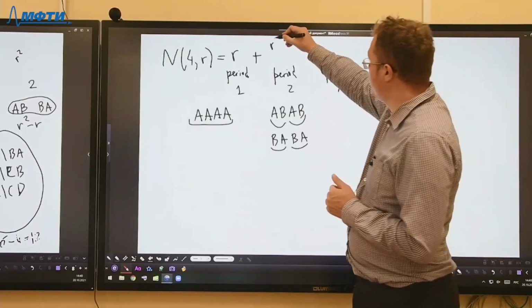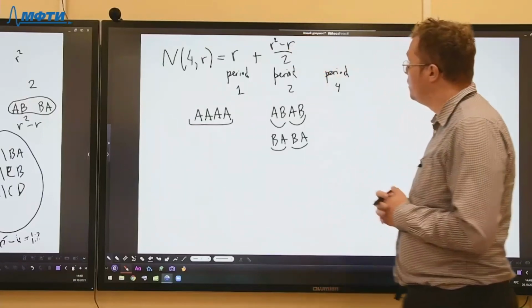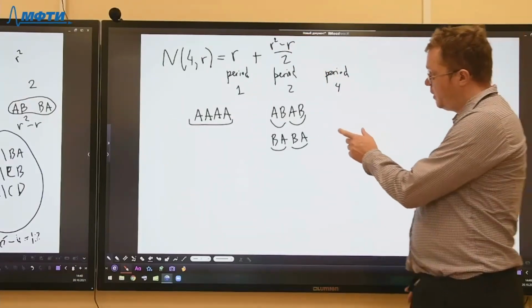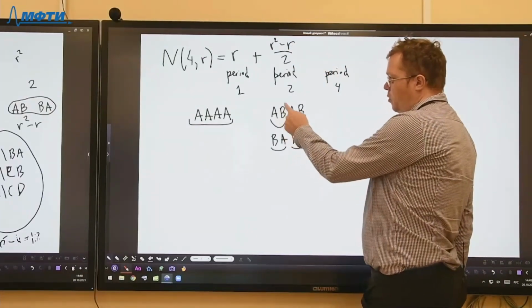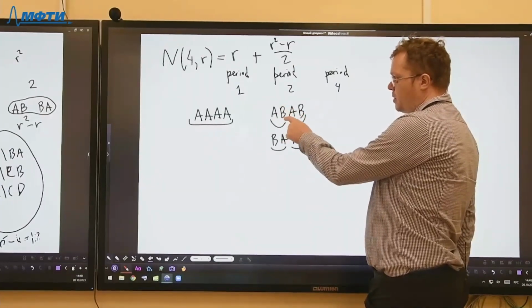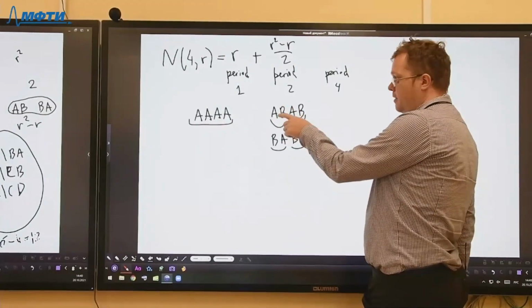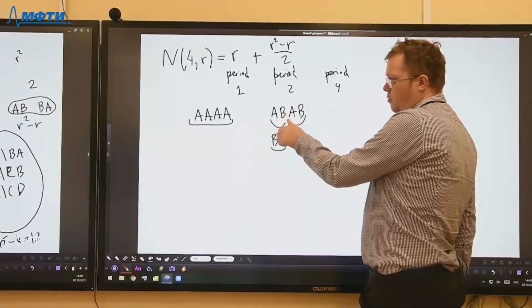So it will be the same, (R squared minus R) over 2, because we just need to know the first two elements of the sequence, because the others will be the same. And these two elements can be of two types.